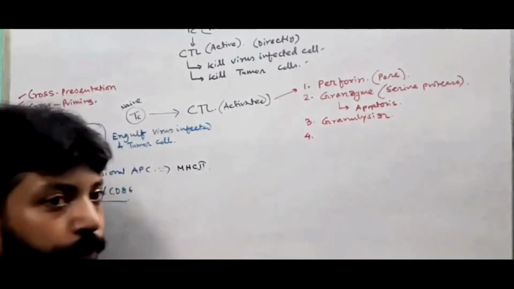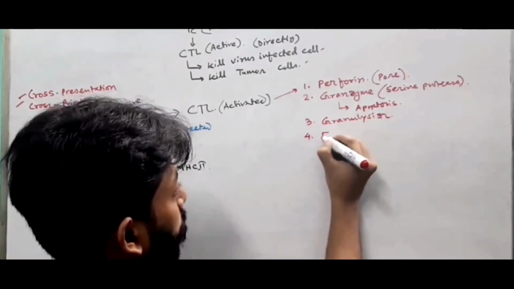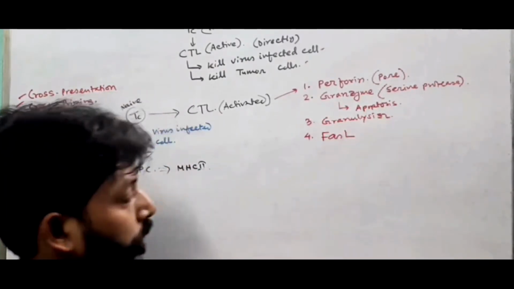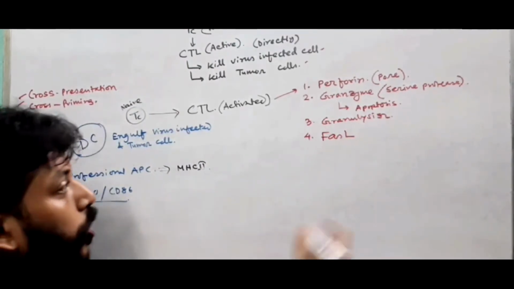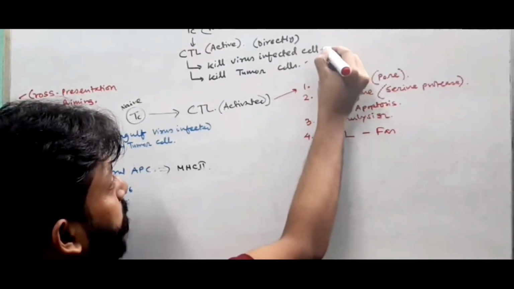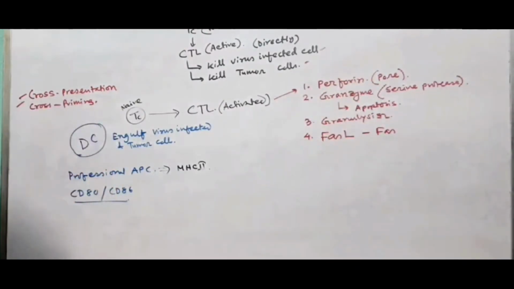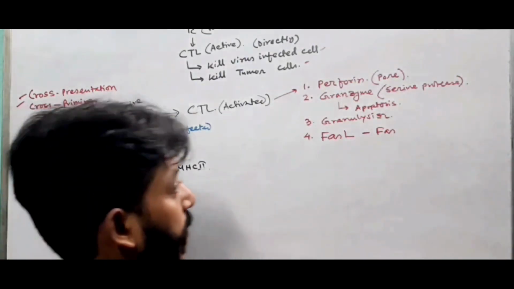The fourth thing is that the cytotoxic T lymphocyte expresses a very important molecule called Fas ligand. Fas ligand can bind with a molecule called Fas, which is presented by virus-infected cells and tumor cells. So they interact with Fas ligand and apoptosis occurs.